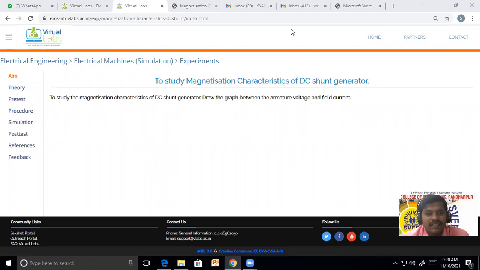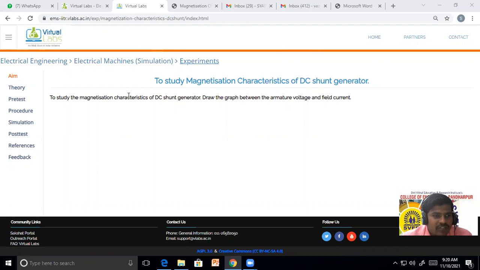The magnetization curve is also called the open circuit characteristics, or the no load characteristics of DC shunt generator.